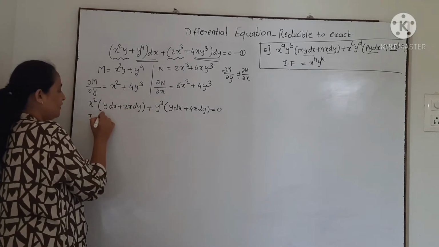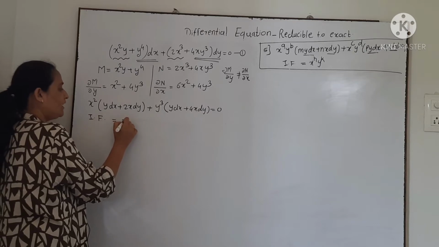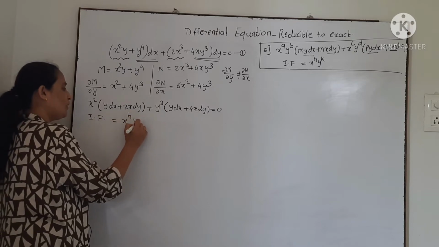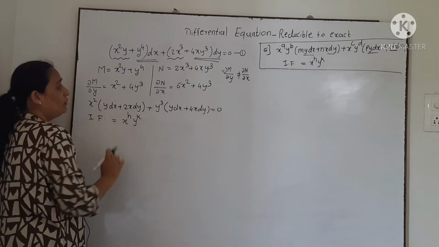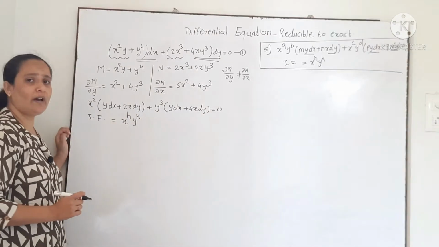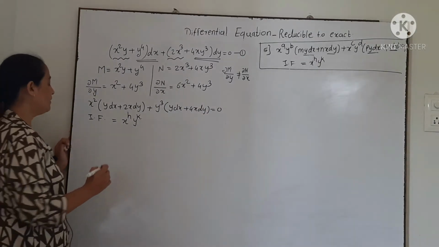So the integrating factor, by using the fifth rule, will be x raised to h y raised to k. We'll multiply this x raised to h y raised to k to the given equation.